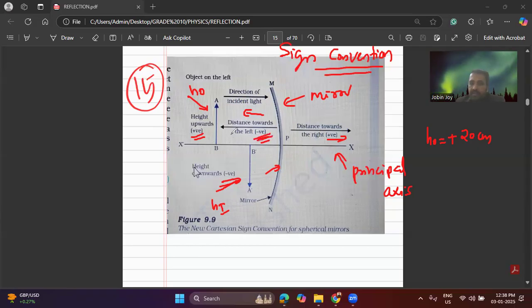Just remember this. Above the principal axis positive, below the principal axis negative, reflecting surface side negative, and the opposite side of the reflecting surface will be positive. So this is the sign convention.